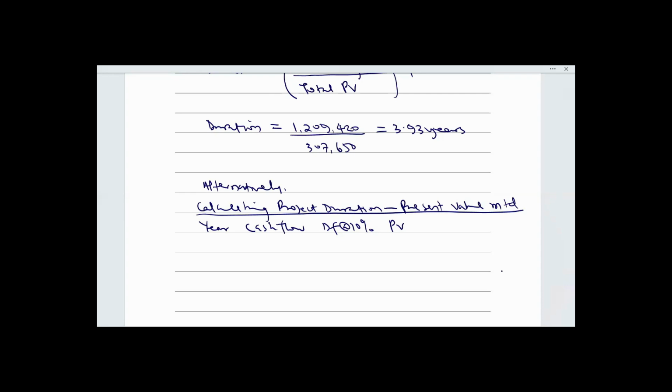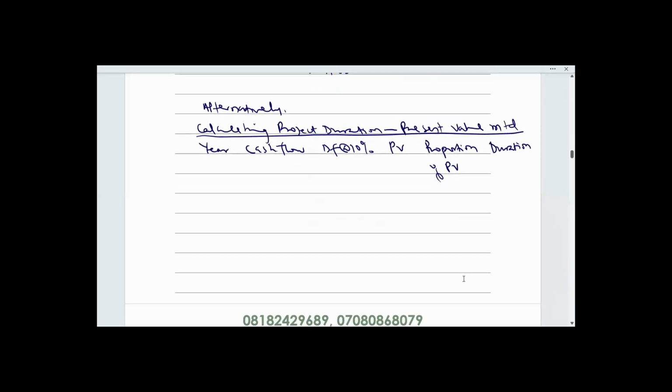So I will have proportion of PV. Then, of course, we are going to have the last one, which is duration. Okay, so these are the 6 columns that you are going to create.